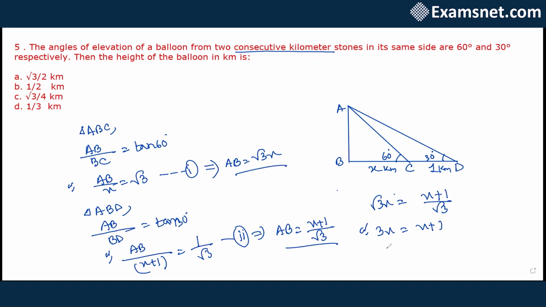So that means 2x equals 1. So the value of x is half kilometer. So option B is the correct answer here. Half kilometer.